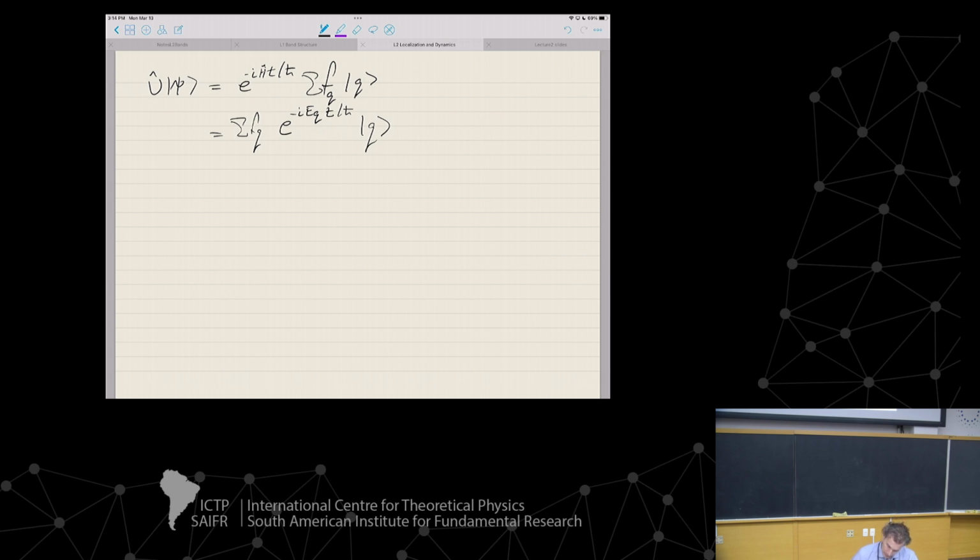Okay, I'm going to write this out as an overall phase times the sum over all these q, f_q, and then the remainder in here is going to be e to the i times something I'm going to define as group velocity times q t.